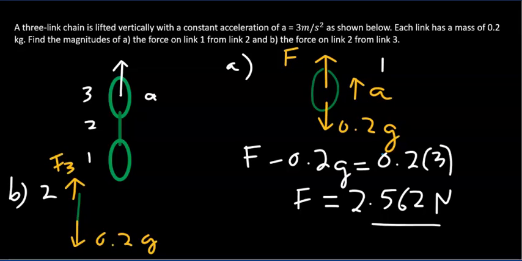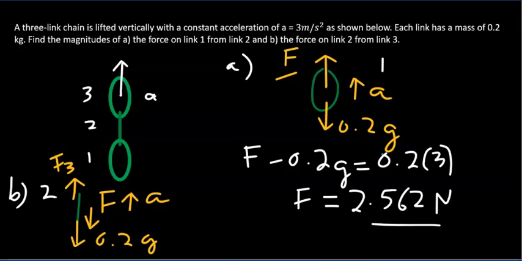In addition to that, it has the force from link 1 that is acting downward. Now this force on 2 from 1 must be the same as the force on 1 from 2, which we have calculated in part A. So let's label that as F. And then you have the acceleration, which is a.